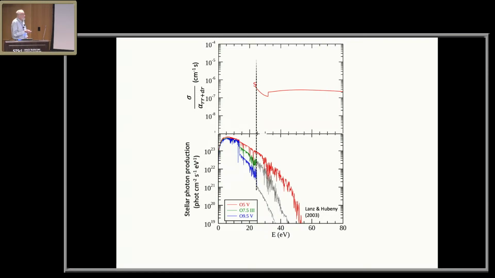Well, the helium-1 ionization potential is around 24 electron volts. You can see that most of the cross-section for sulfur is above the helium limit. Helium opacity cuts the stellar output for the cooler stars, and it also attenuates the flux inside the Stromgren sphere.